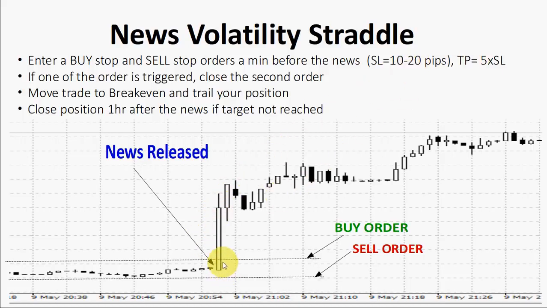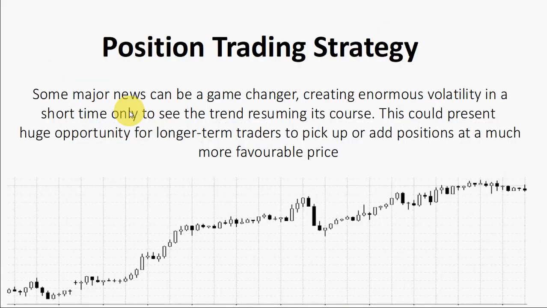So if your initial stop loss was 20, your take profit is 100 pips. So if you hit your 100 pips immediately, fantastic. If you have not hit your 100 pips, you can trail your position, or better still, close your position after 1 hour of trading.